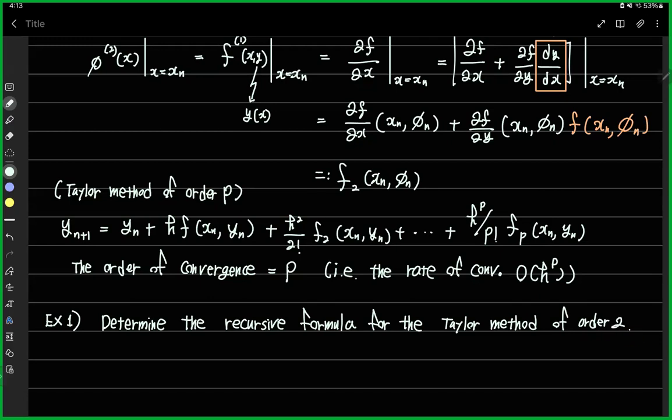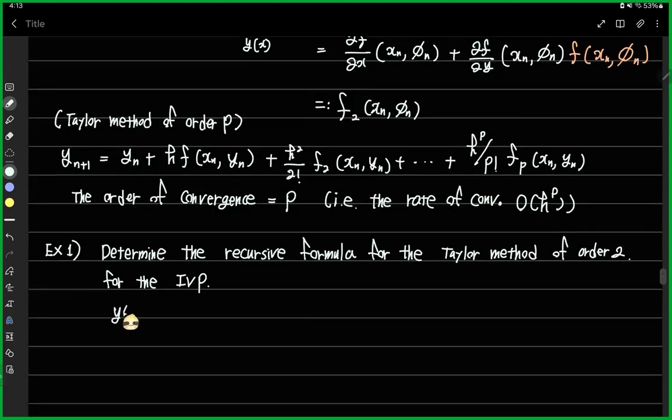Normally we use the Taylor method up to order 2 for the initial value problem: y prime is equal to sine of xy, and y of 0 is equal to pi.